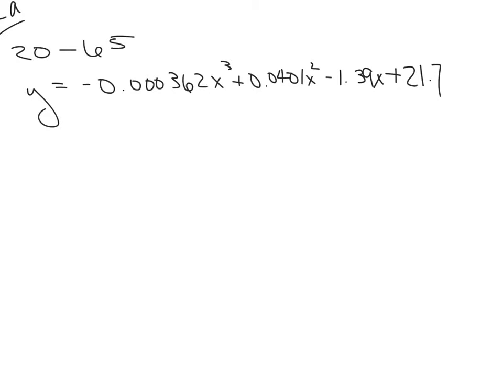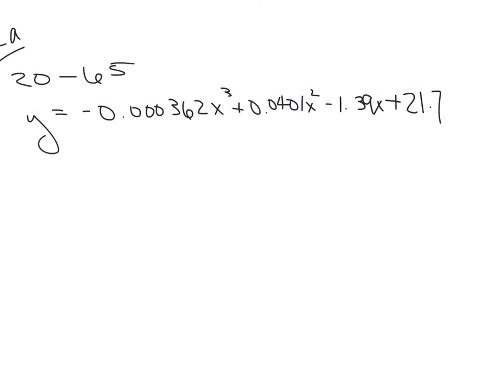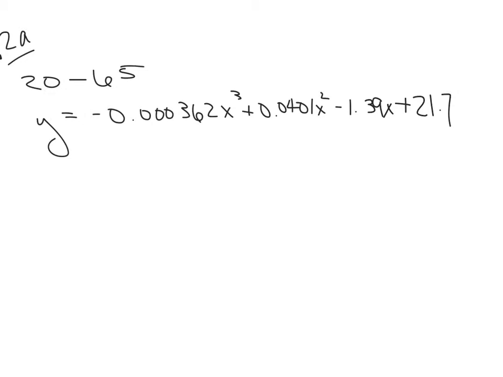So to graph this function, we use x values from, what I said was very important, 20 to 65, because that is the age here. So x can be any number as long as it's from 20 to 65. And we put those numbers in there for x.